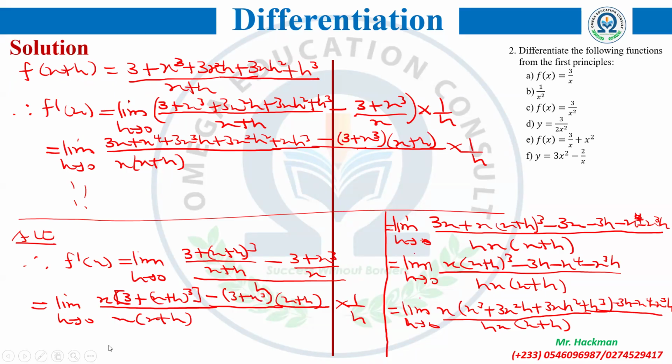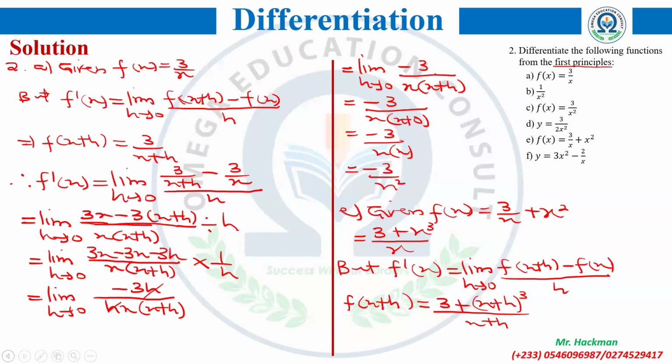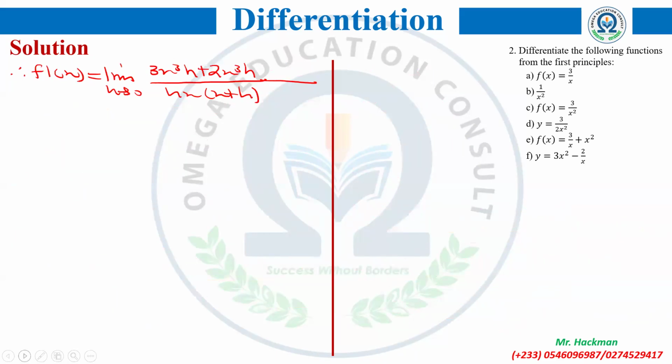They have already written 3x squared h. Let me see. Okay, instead of the 2. Okay, I get you now. So that one has a like term, so we need to deal with that. Initially, I think I get your point now. So it's rather this that must change to 2, right?